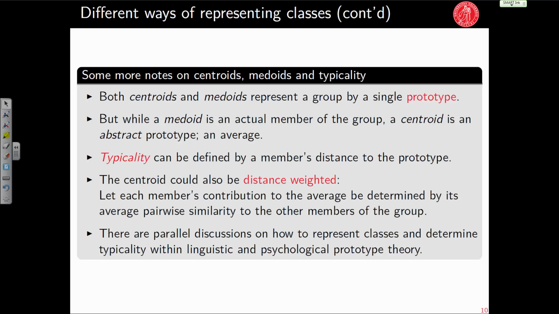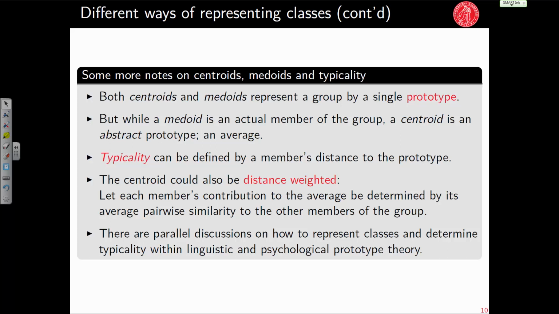Now this whole discussion of what's a prototypical representative of a class is not only in machine learning or classification, it's in linguistics, philosophy, and psychology. It's called prototype theory.